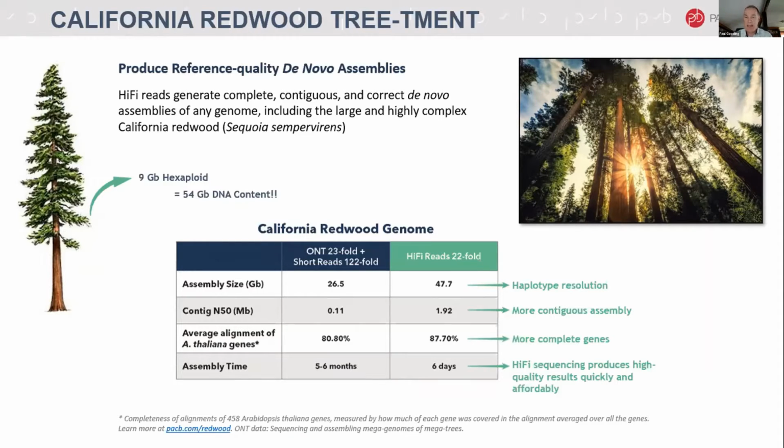And as you can see, the PacBio on the right with the green heading, with 22-fold coverage, got a much bigger genome assembly size than the ONT and short read combined. Better contig assembly, a better alignment, and therefore a better BUSCO score of completeness of the genes.